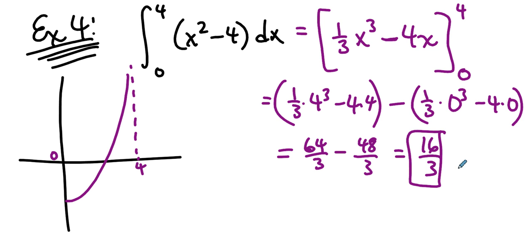That means that this 16 thirds is the difference between the area above the axis that's got a positive integral value and the area below the x-axis that's got a negative integral associated with it. This 16 thirds means that there's 16 thirds more units of area above the axis than below. That's an important thing for you to remember.